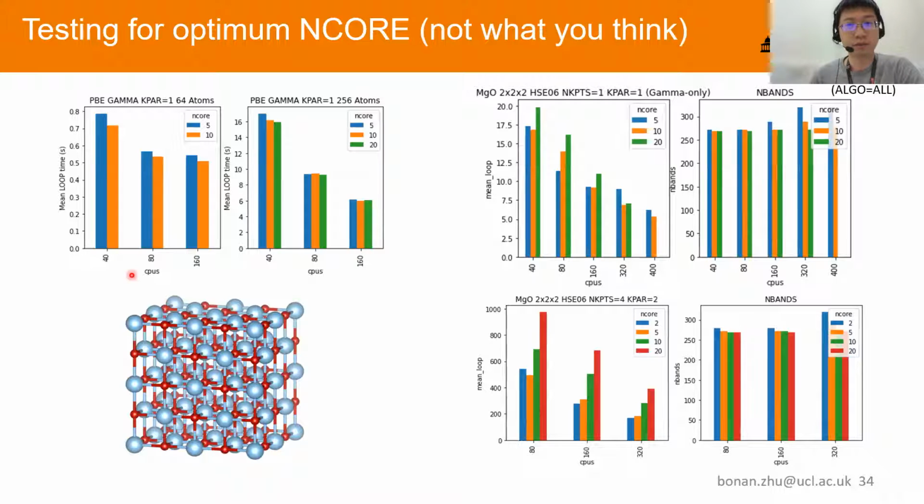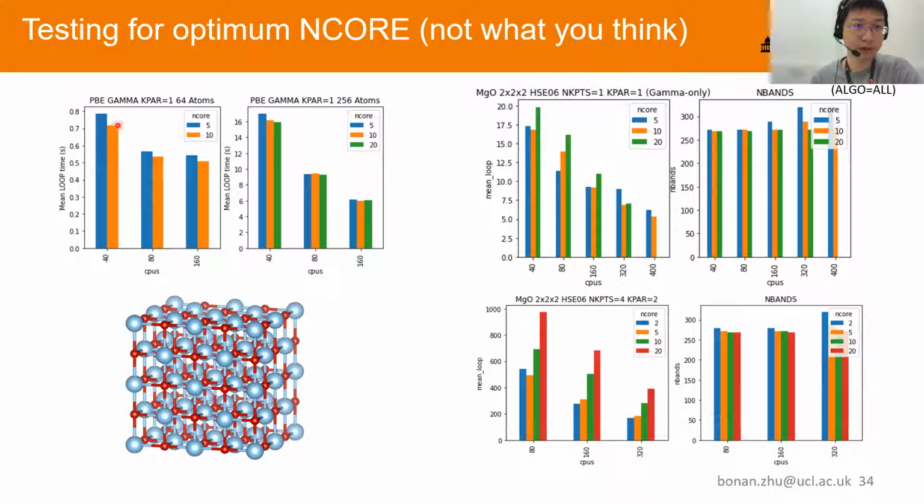Here is an example of this kind of timing test. The test system is magnesium oxide, which contains 64 atoms. An important thing to realize is that the timing can be quite different between a standard DFT GGA calculation using the PBE functional and a hybrid DFT HSE06 calculation.